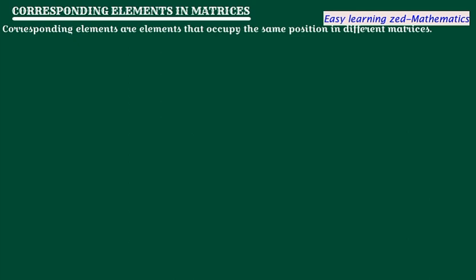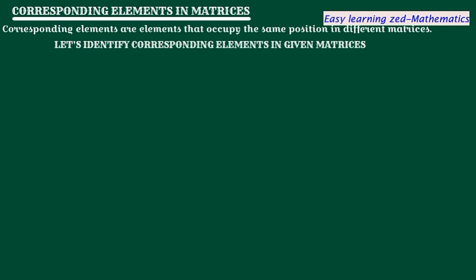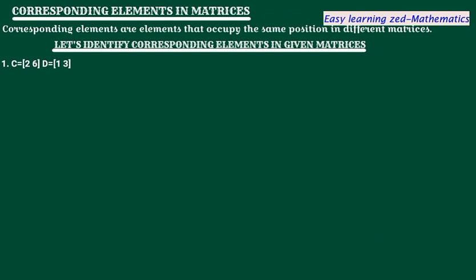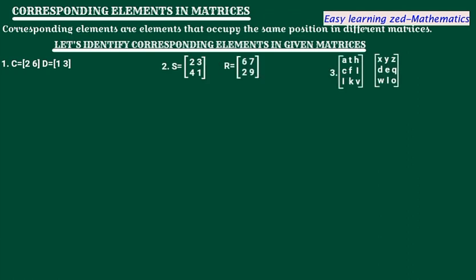Now let's see how we can identify corresponding elements in different matrices. These are the given matrices, and the question is: list corresponding elements.